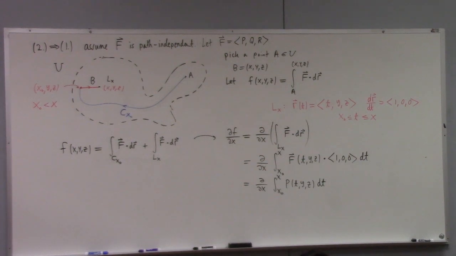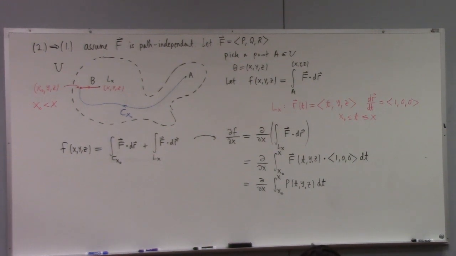Look at what we're doing. We're differentiating with respect to x, holding y and z fixed, the function p of t comma y comma z, right? Well, the fundamental theorem of calculus part 1 says that it's just equal to the integrand evaluated at the upper bound, because this is in fact a total derivative with respect to x.